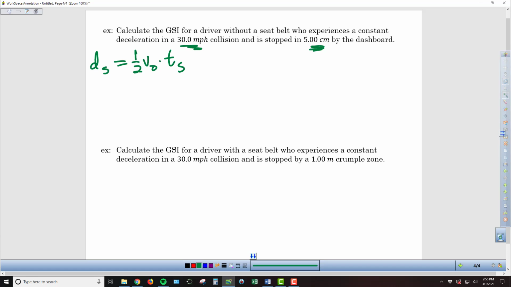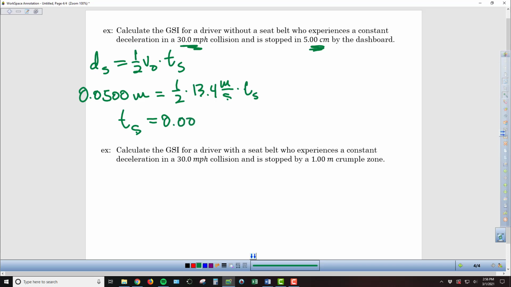The stopping distance is 5 centimeters, so 0.05 meters equals 1/2 times our 13.4 meters per second times our stopping time. Solving for the stopping time, we end up with 0.00746 seconds.